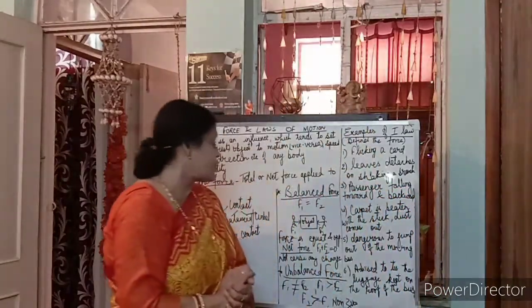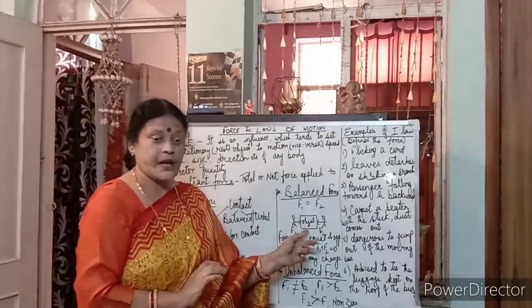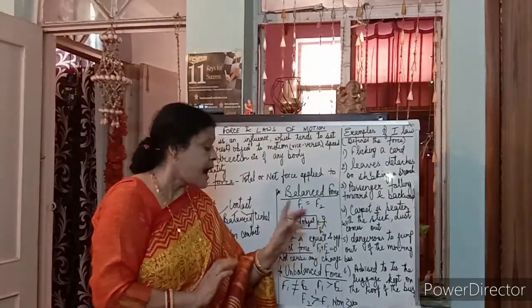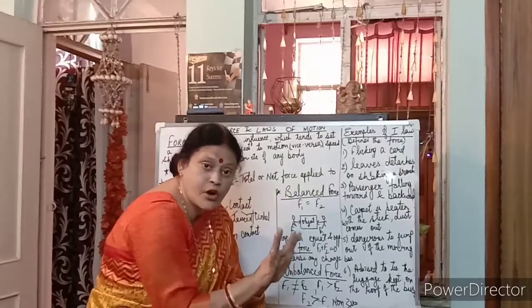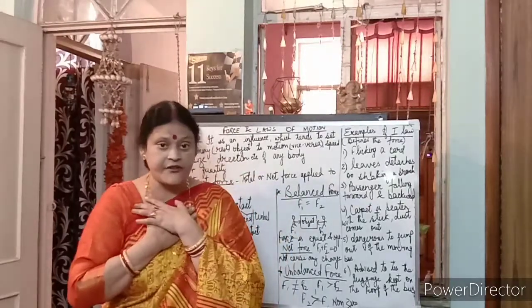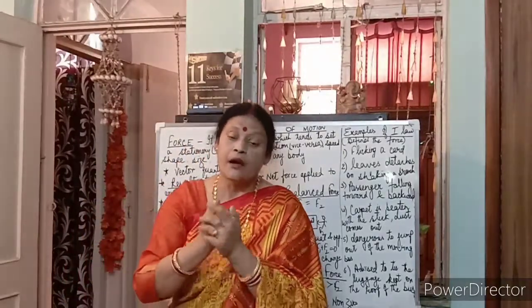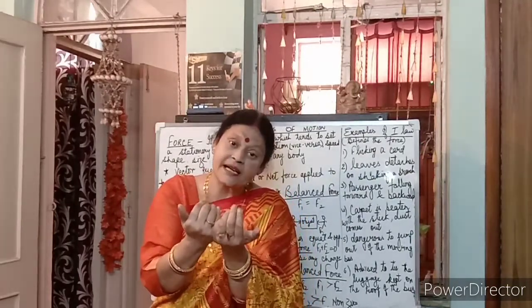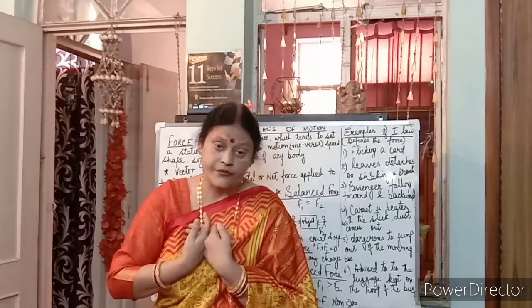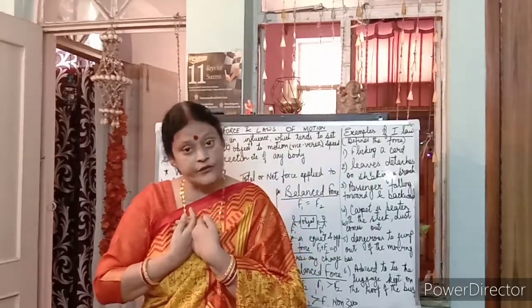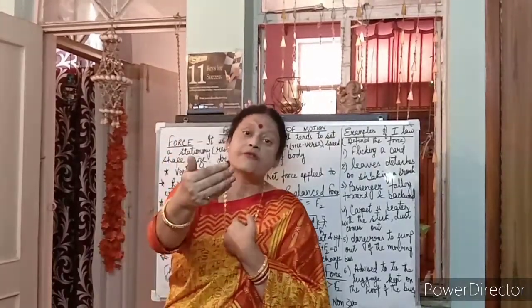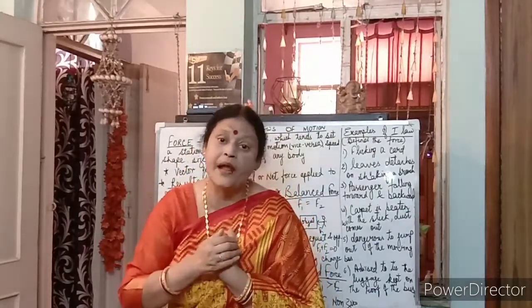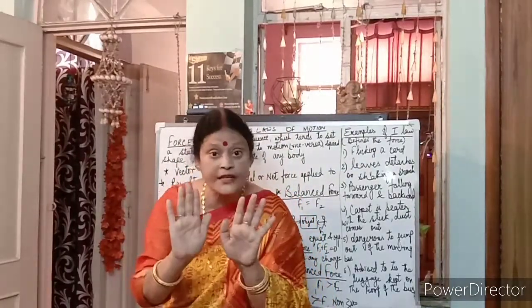If I'm talking about this object, two boys are applying force on that object. Suppose I am F1 and you are F2. One of the boys, F2, is applying exactly the same force as mine. If I am applying 5 Newton force and that boy from your side is also applying 5 Newton force, then what happens?